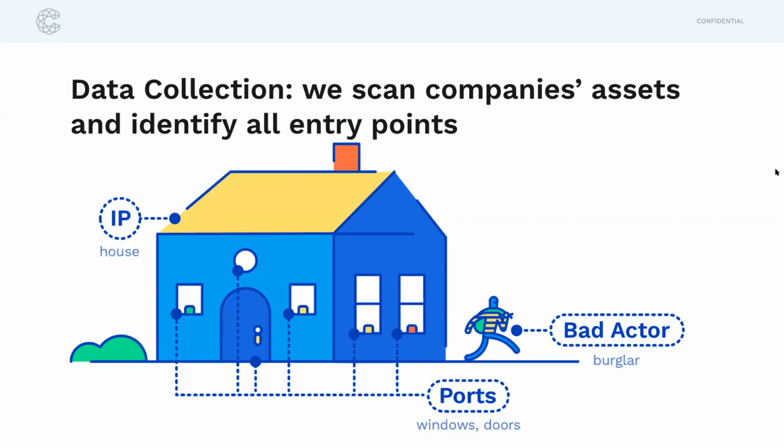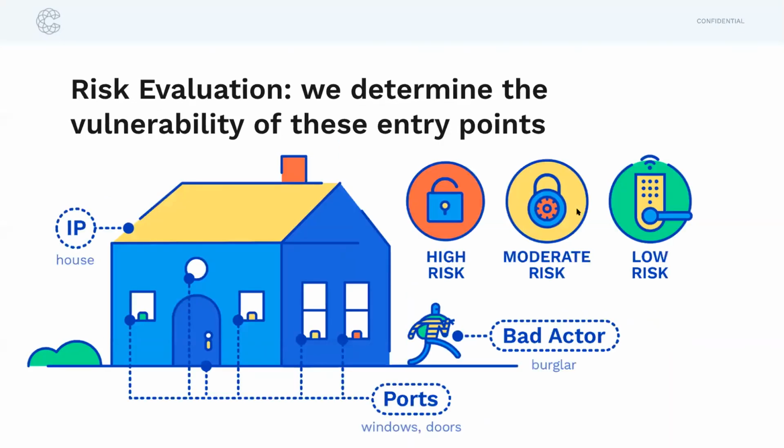If we look at the next slide, now that we've collected all this information about what ports are open, essentially all the doors and windows of a house, the next thing we have to ascertain is how risky each of those doors and windows is, meaning the ports or the applications running behind them. Think of the risk level of an organization like the locks on the doors and windows.